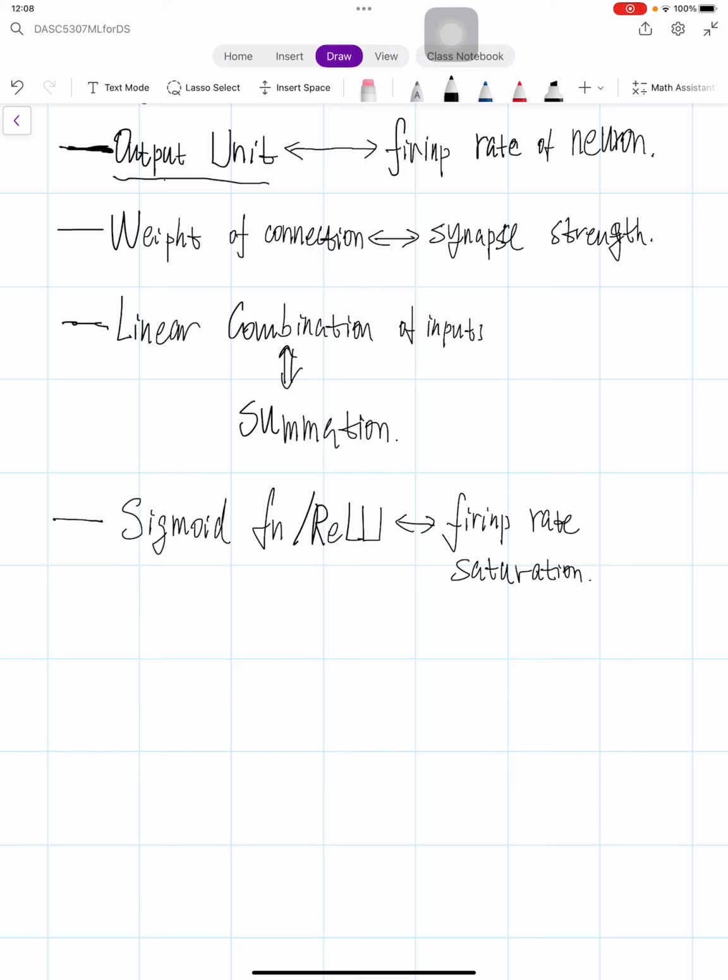A neuron cannot fire more than 1,000 times a second, nor less than 0 times per second. This limits its ability to overpower the downstream neurons. We accomplish this same thing with the sigmoid function.